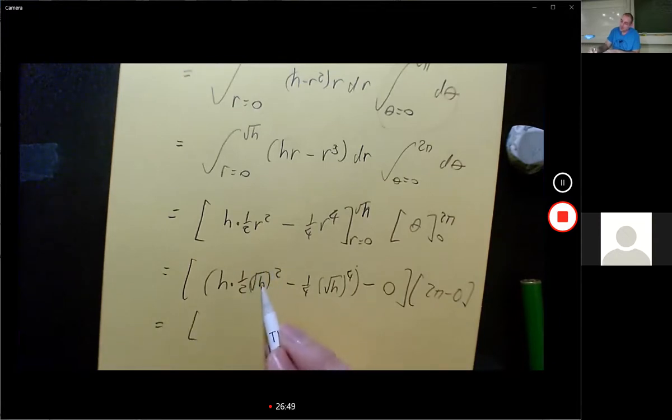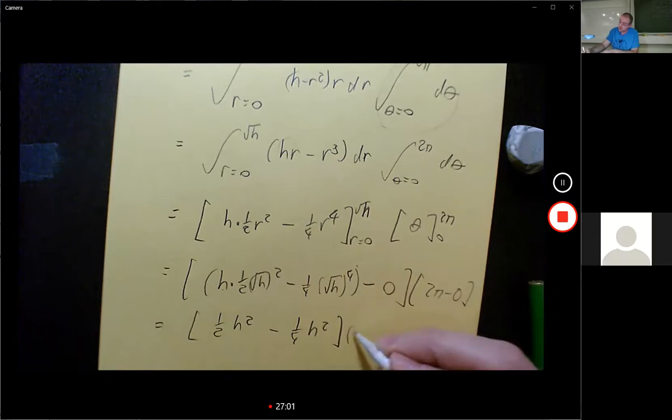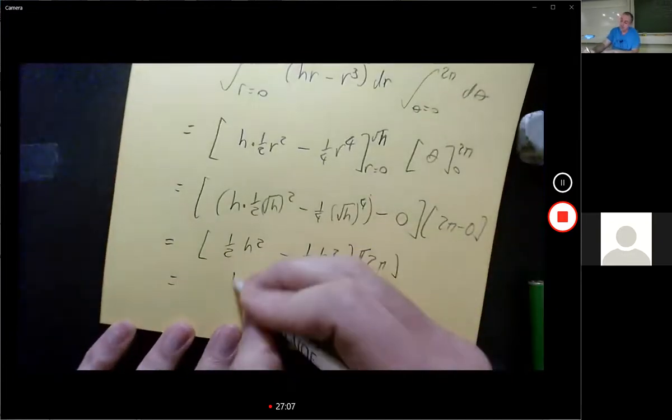Okay, so root h squared is just h, so I've got a half of h times h, which is h squared, minus a quarter of root h to the 4, which is also h squared, times 2 pi. So I've got a half minus a quarter is a quarter.